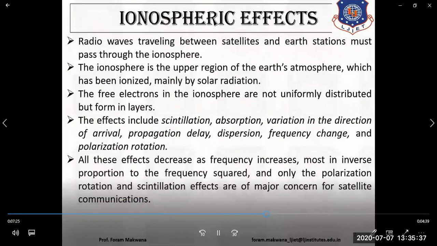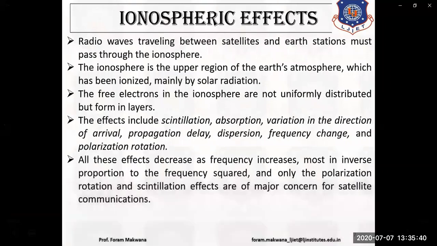A radio wave traveling between the satellite and the Earth station must pass through the ionosphere. The ionosphere contains different ions or atoms which are randomly distributed in space, right? The ionosphere is the upper region of Earth's atmosphere which has been ionized mainly by solar radiation.